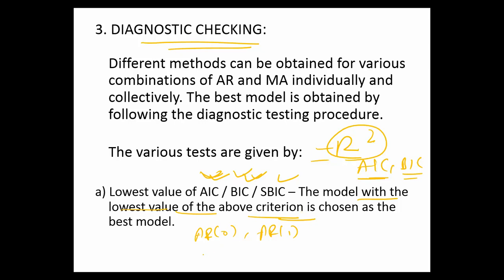Now you will be confused whether you should use AR(1), or AR(2), or AR(3), and so on. So if you're not very sure, if you lack sound theoretical knowledge, you can simply fit all these models, and take the one which has the least AIC value or the least BIC value. That's the best fit for your model, right? So that's the way you need to do it.